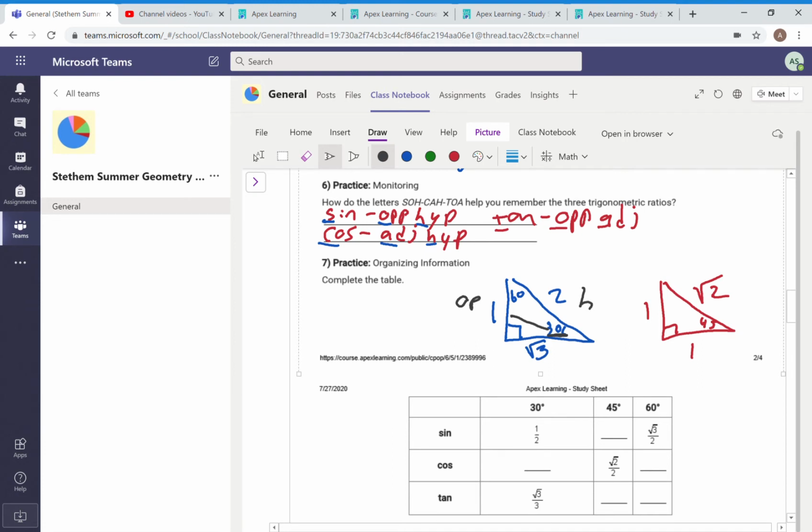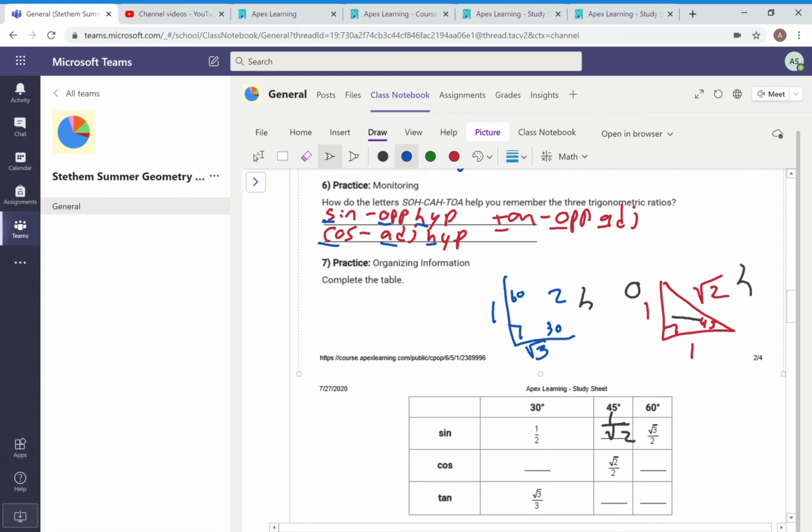So that's how they get opposite over hypotenuse, 1 over 2. If I did my 45, 45, 90, opposite of my 45 is 1. Hypotenuse is square root of 2.